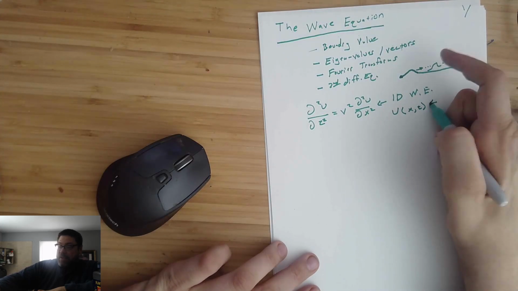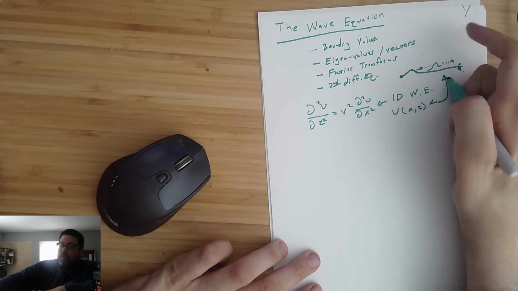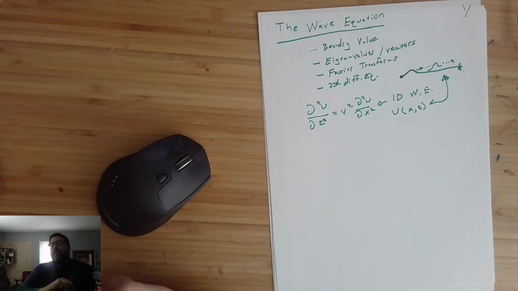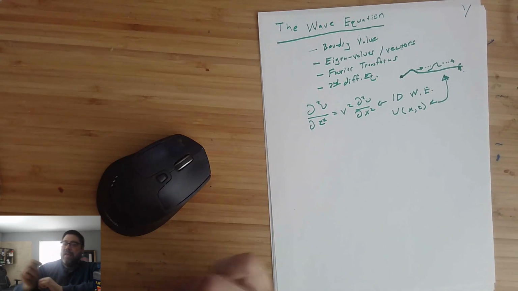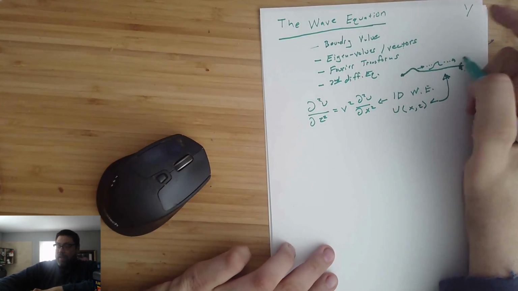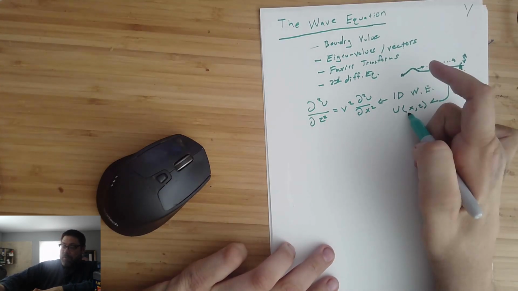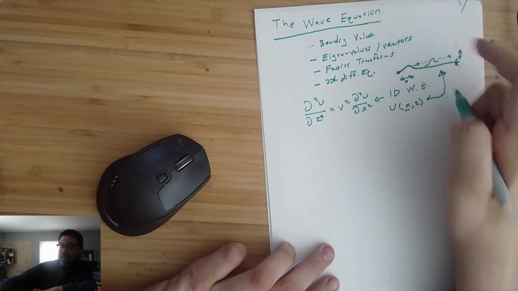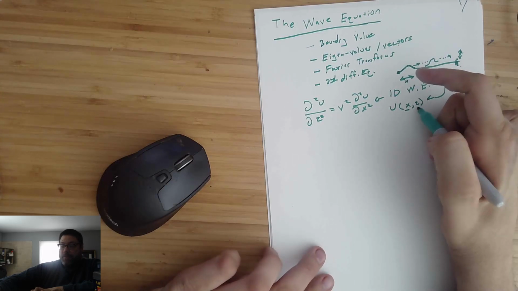And in this case, u is just the deflection of the wire, the string, or the rope we're talking about. So let's assume that this wire, string, or rope can only move in the y, let's say up and down, right? But of course, the up and down motion depends both on the horizontal position, which is x, and the time we're looking at, which is t.